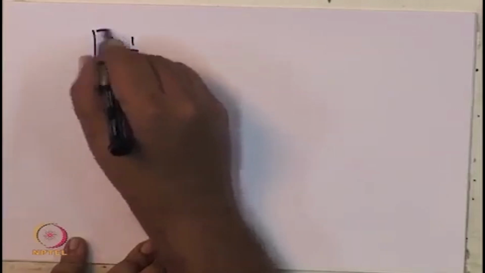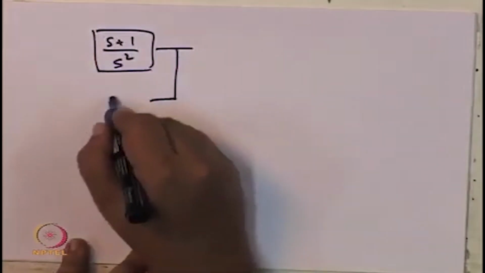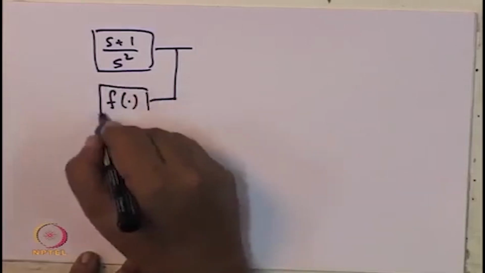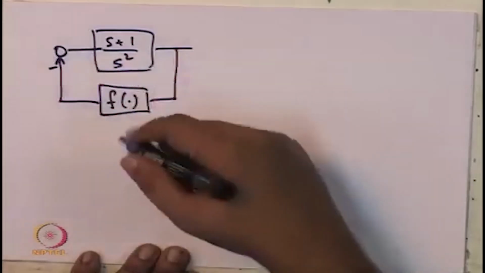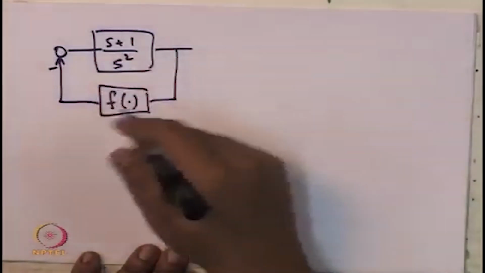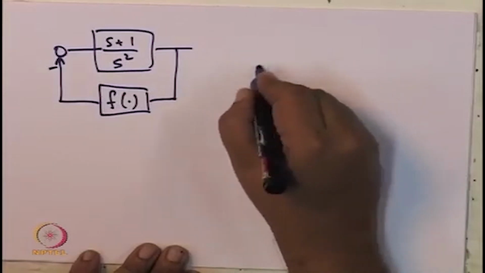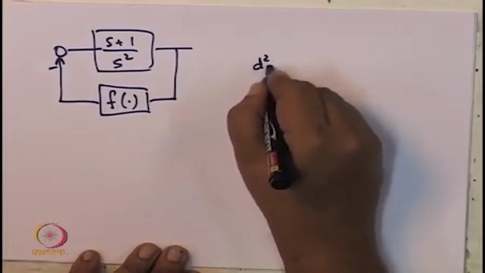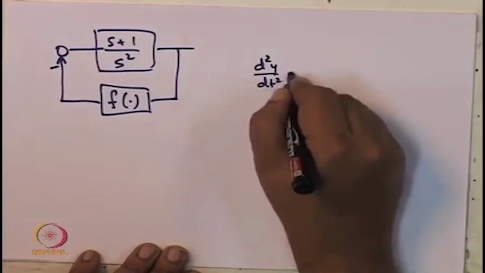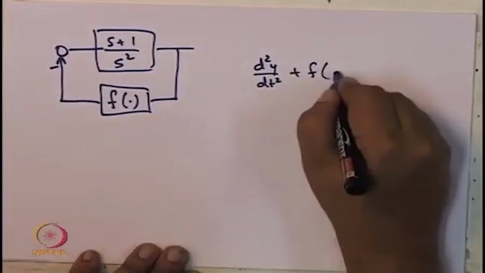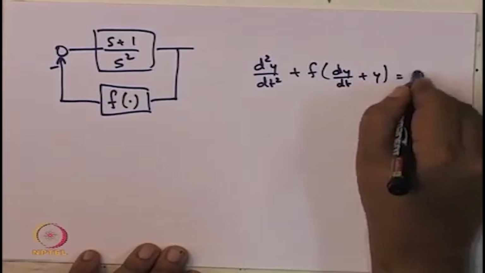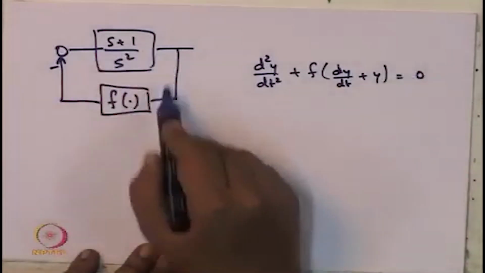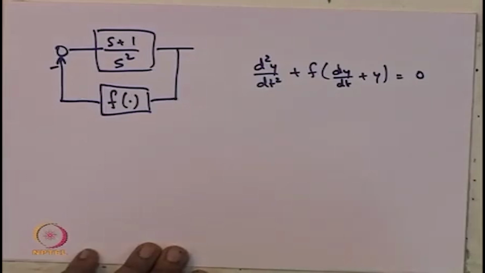You see, when you put this (s plus 1) upon s squared and you feed back through this nonlinearity, then I reverse the earlier trick. This is the same as looking at a system with the equation d2y dt squared plus f of dy dt plus y equal to 0. So, looking at this system is the same as looking at this system.